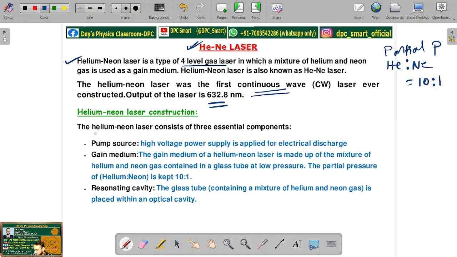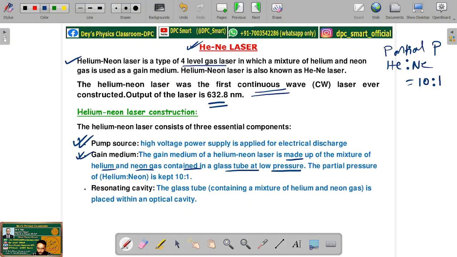Similar to other laser systems, it also has 3 components. First, a pump source. Here electrical pumping is done, that means a high potential difference is applied for electrical discharge. So pumping is electrical here. Second, the gain medium. The gain medium of the helium-neon laser is made up of a mixture of helium and neon gas, that I discussed a few seconds ago, contained in a glass tube at low pressure.